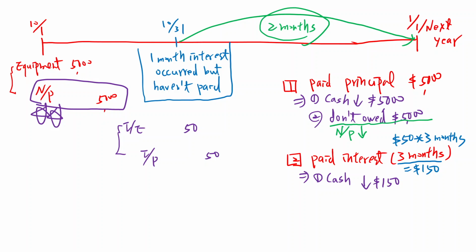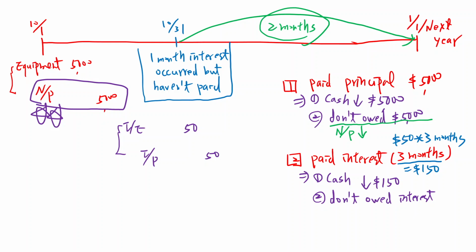Next one, more complicated. So far you have to make sure you understand it. What's the second effect? Do you owe them interest? No more, right? So second is you don't owe them interest anymore.